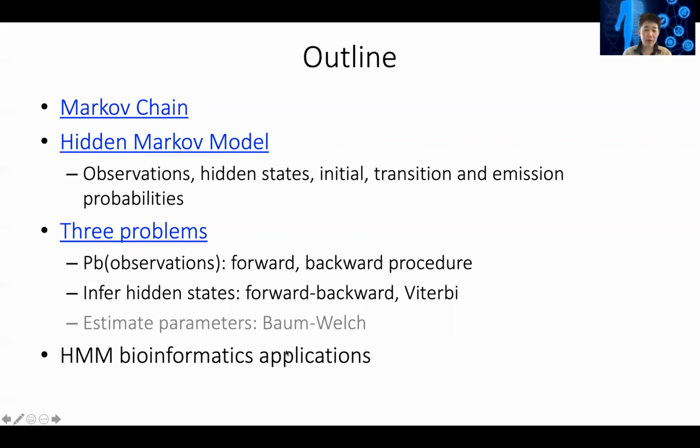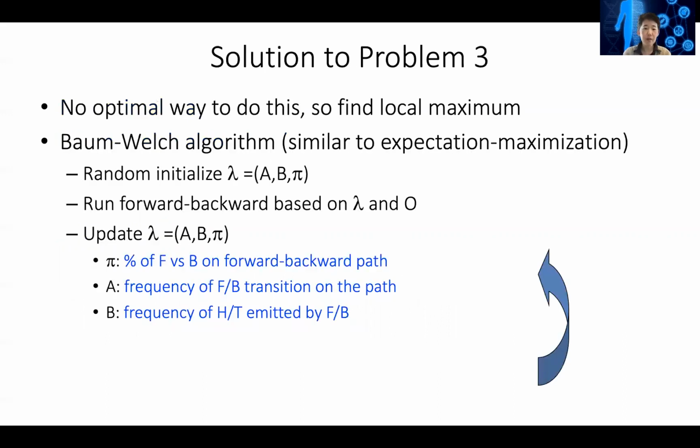So to estimate the parameters as well as getting the path information, this is a little harder. There's actually not a definitive solution for this. There's no guarantee that you will get the best solution. So there are some solutions that can get you some good results, but there's no guarantee to get the global optimum.